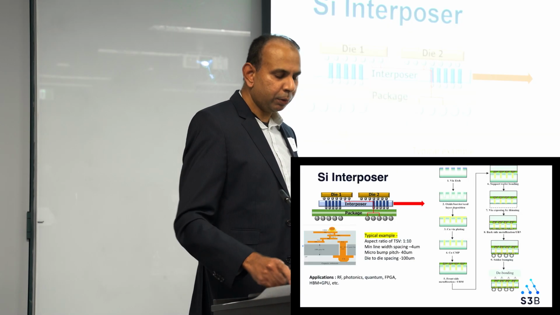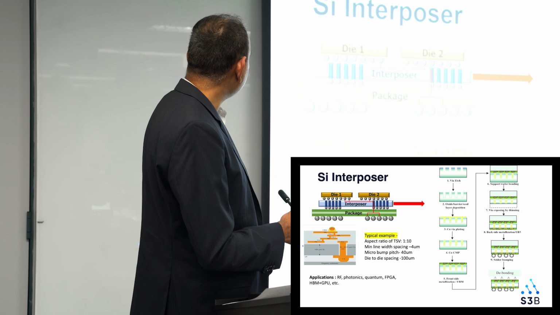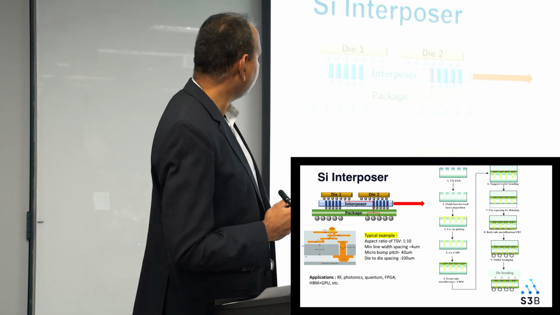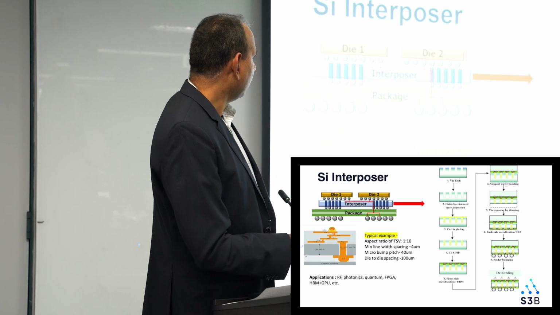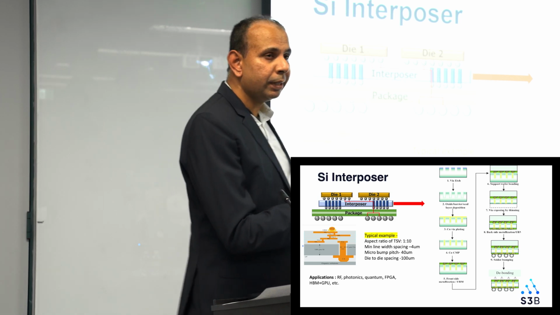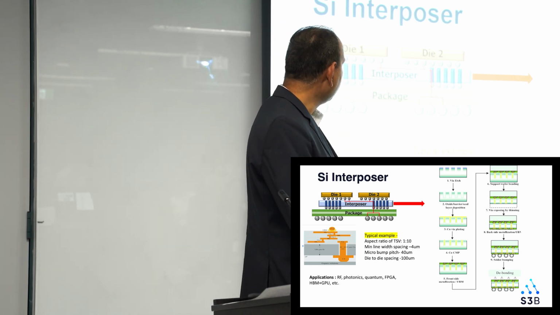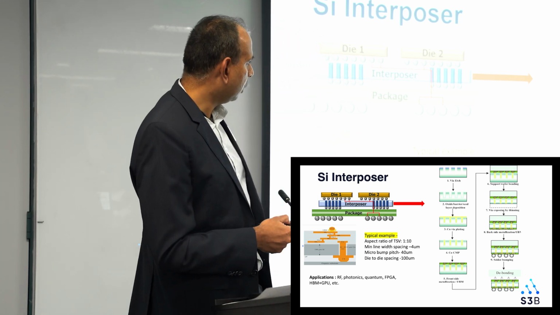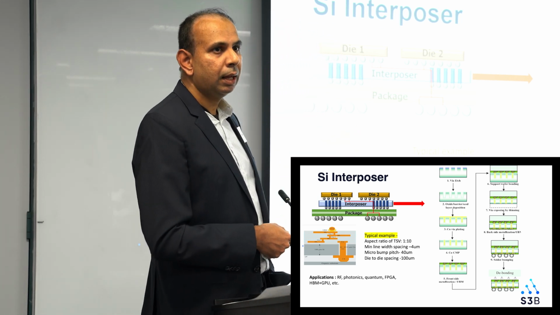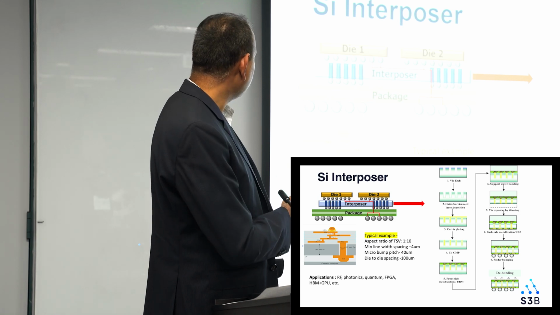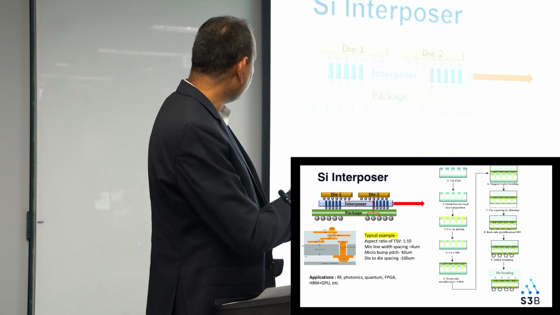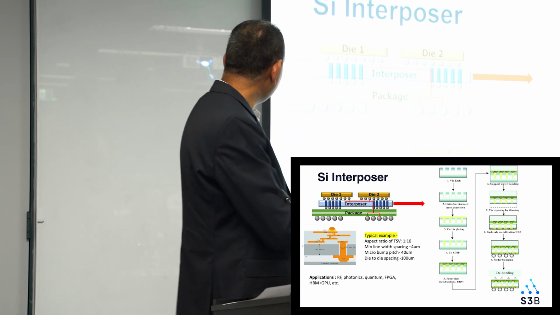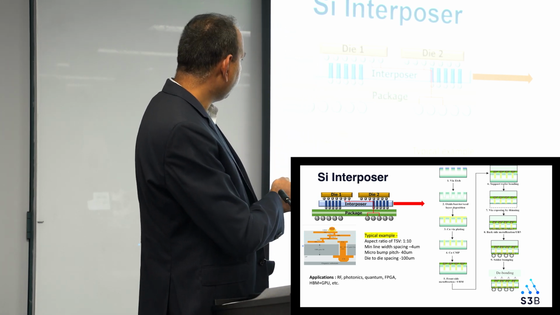For the interconnect process itself, the silicon interposer utilizes the standard functional blocks of a semiconductor process. You start with a deep reactive ion etching process to define the through silicon via, and then you go through the standard copper plating and CMP process. In order to connect the dies to the interposer, you use a micro bump, and for the interposer to the package, it's mainly the solder bumping process.